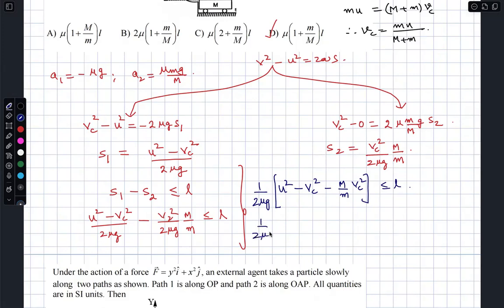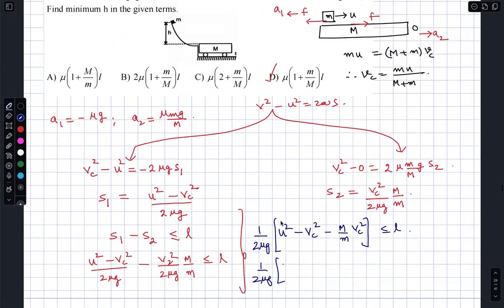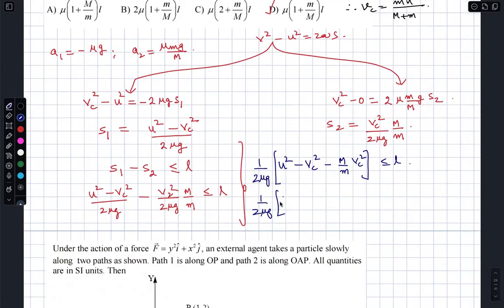So 1 by 2 mu G, U square, U is nothing but root 2 GH, root 2 GH, minus VC square, common you can take.